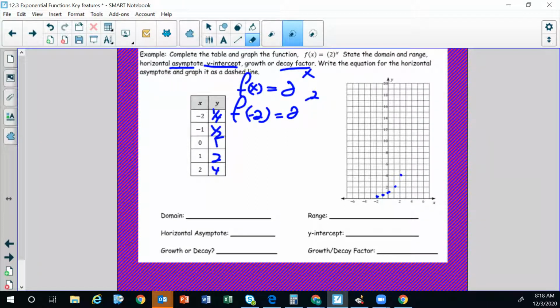When x is 0, the y-intercept is 1, all right? Or you can look at the graph where the line crosses the y-axis, all right? Oh, I think I erased that stuff. Can I go back? Yep. And all right. Let me kind of extend this a little bit. All right. So the y-intercept is 1. Okay. We know it's a growth, right?